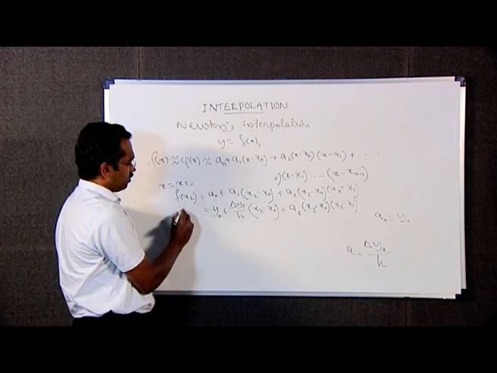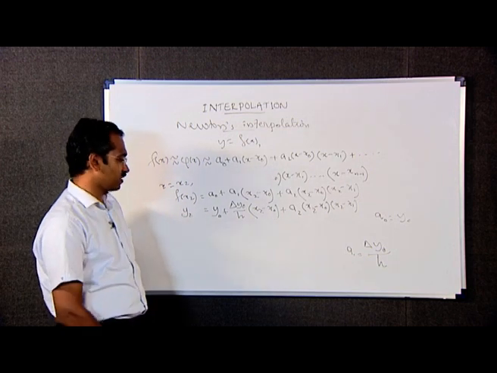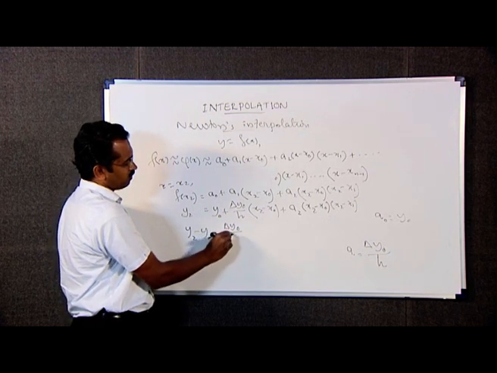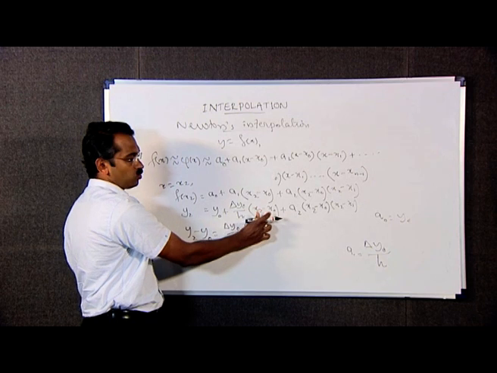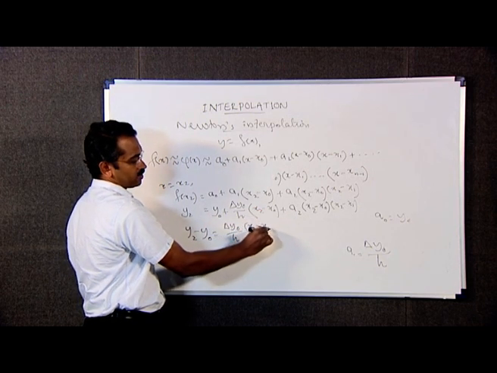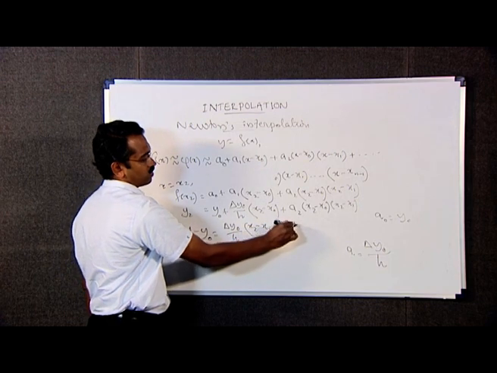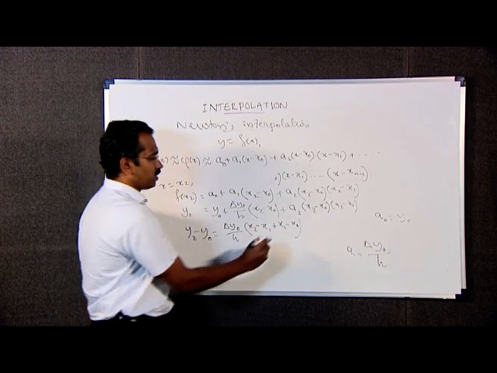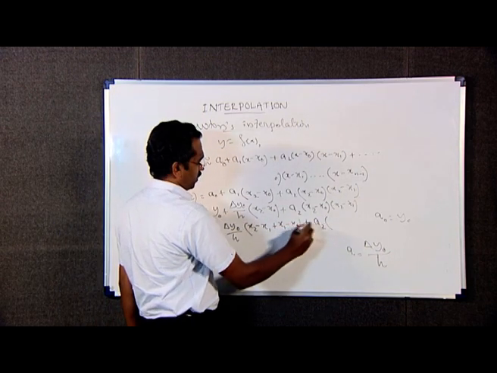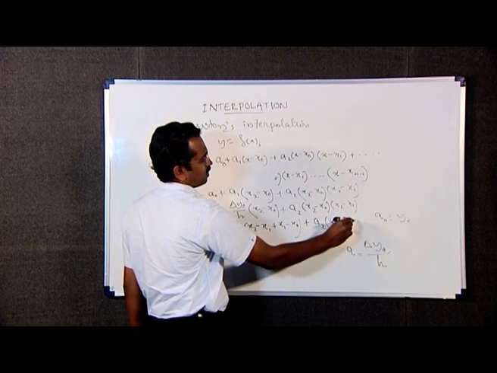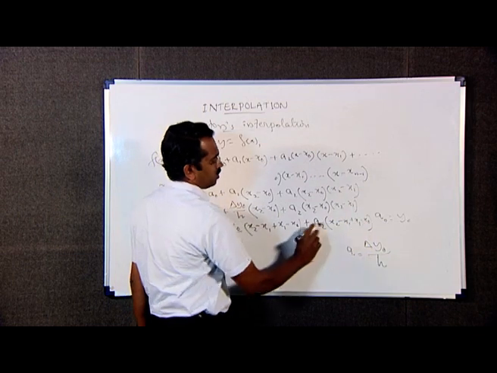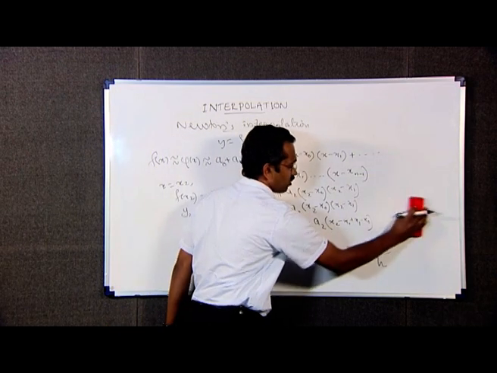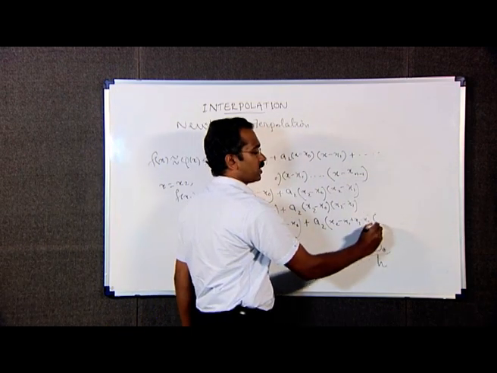F of x2 means y2, that is y2 minus y naught is equal to delta y naught divided by h into this x2 minus x naught, which can be written as x2 minus x1 plus x1 minus x naught. That is, we add x1 and subtract x1, plus a2 into x2 minus x1 plus x1 minus x naught into x2 minus x1.